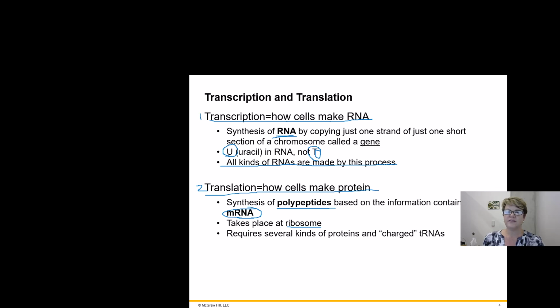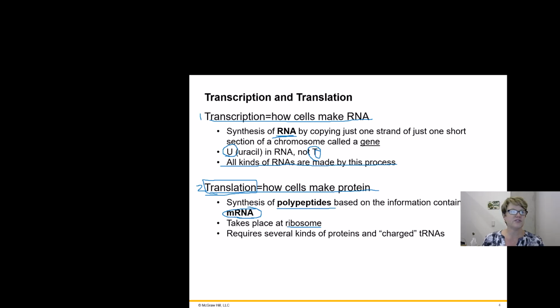Only mRNAs participate in translation, however. Well, there's a couple of supportive RNAs too, but for the most part, mRNA is the main star of translation. So all types of RNAs are made by transcription, and some of them do things on their own, separate from translation. But there are a few types of RNA, especially mRNA, that are involved with this second process called translation.